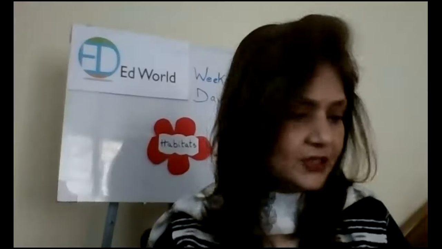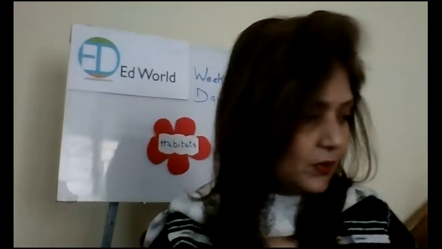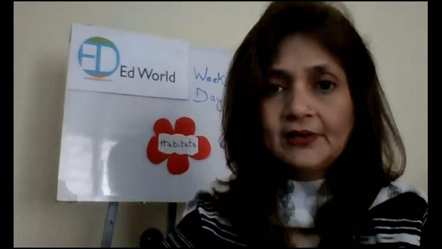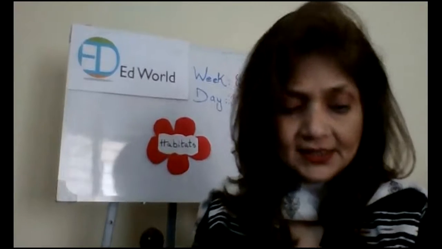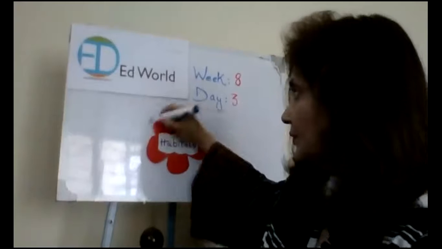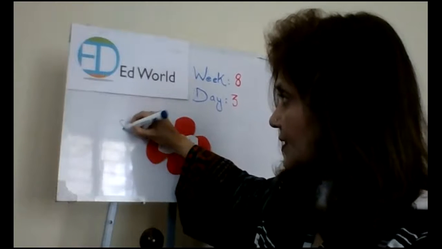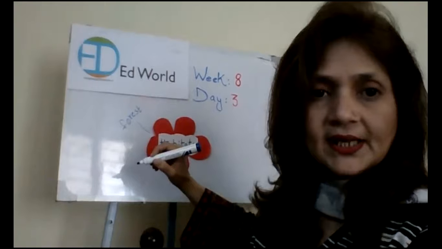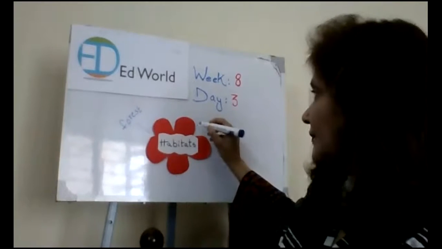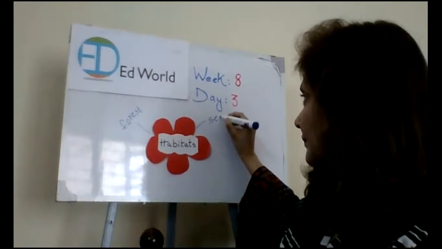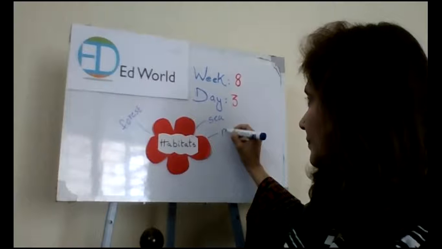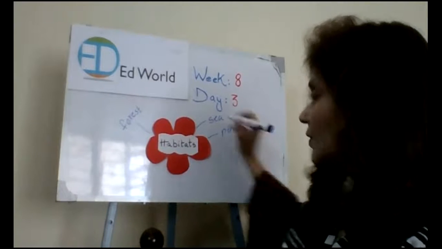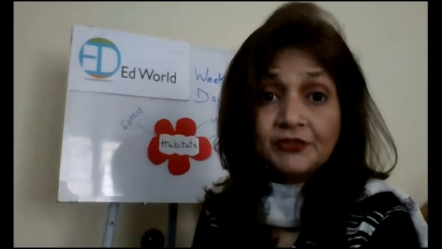So these were all the different habitats that we have seen just now. Can you name some of the habitats for me so that I'll write it down for you? Yes. So habitat, you can say forest, correct. What else was there that you have seen? You have seen sea, pond. What else is the habitat of animals?